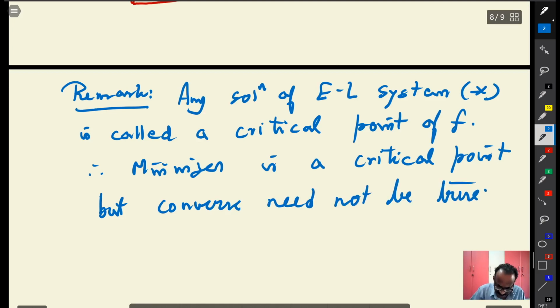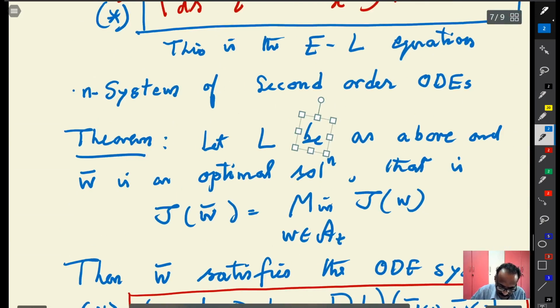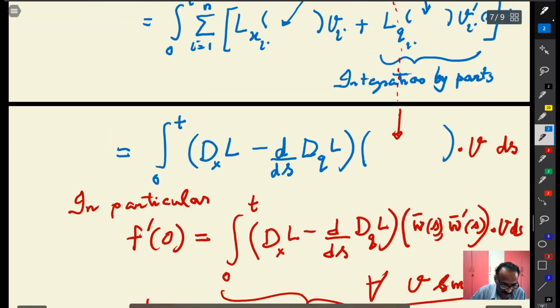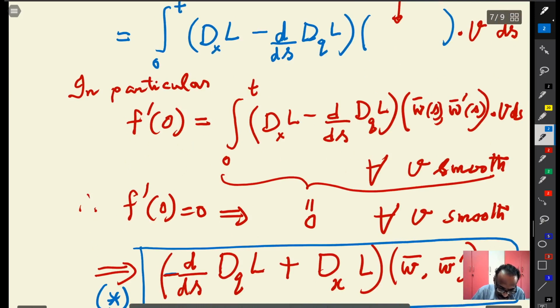So basically you have derived an f prime of tau here, and in particular you calculate f prime of 0, and that's true for every v.